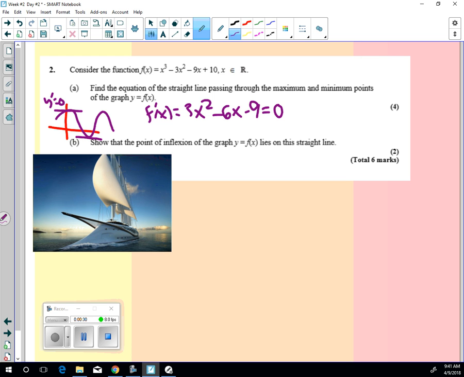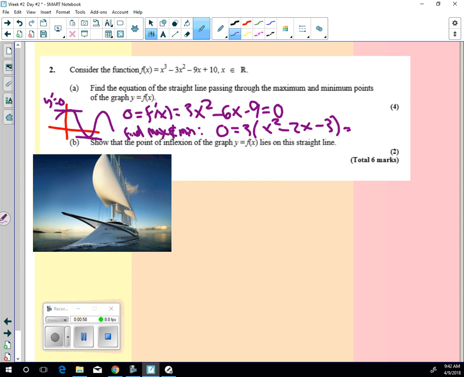Just by looking at that quadratic, how many zeros are we going to have? What's that? 2, yeah. So if we set it equal to 0, that's what we use to find max and mins. We want to get the 2 max and mins. So I'm going to take out a 3. 0 is equal to 3 times x squared minus 2x minus 3.